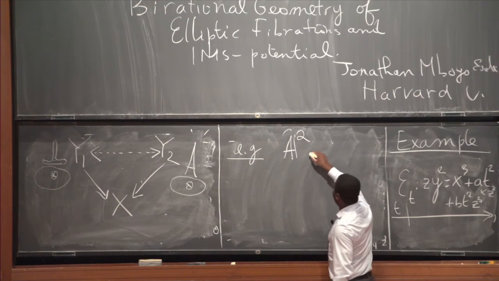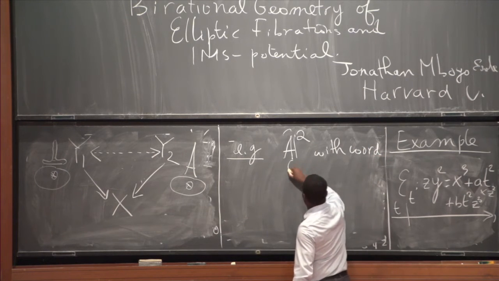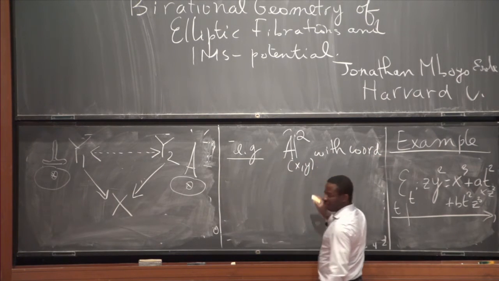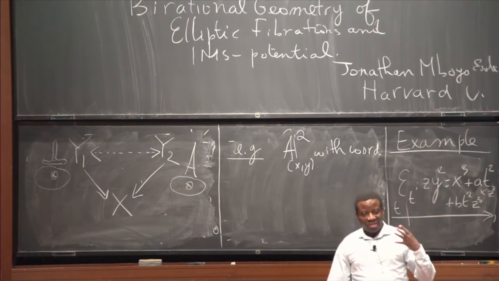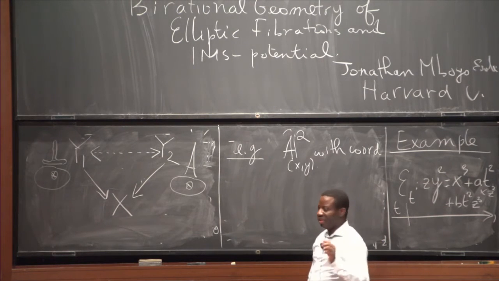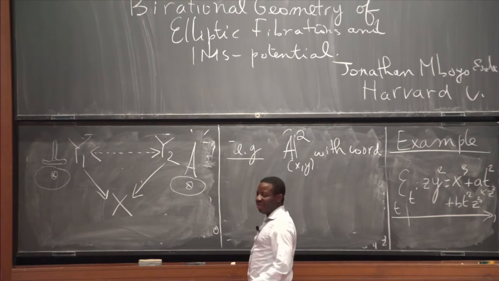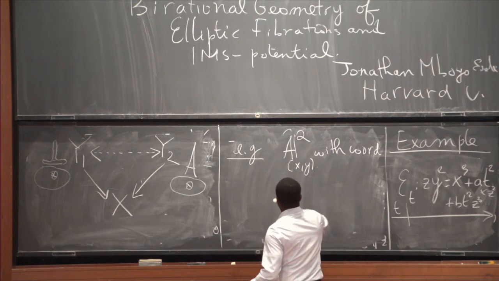So I take the affine plane with coordinates x and y. And what I want to do is define a space which looks exactly like the affine space except at the origin. So to do that, I will add something that is actually huge. I will add a full curve.